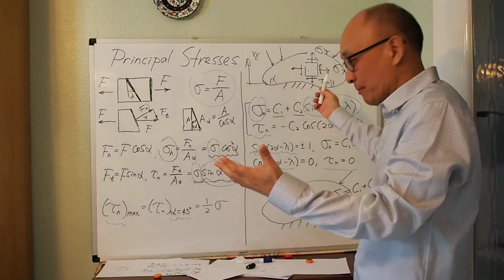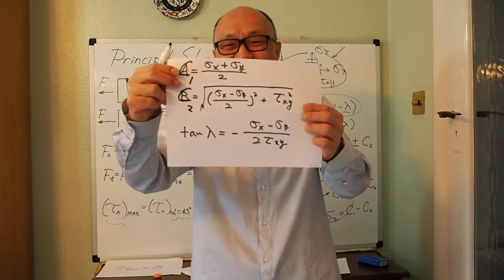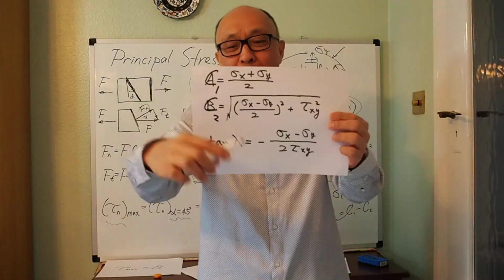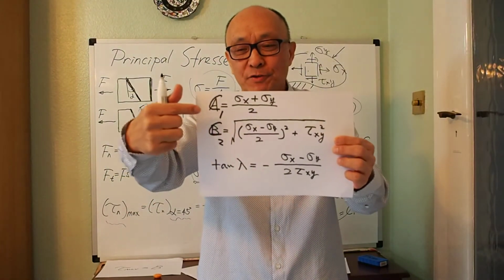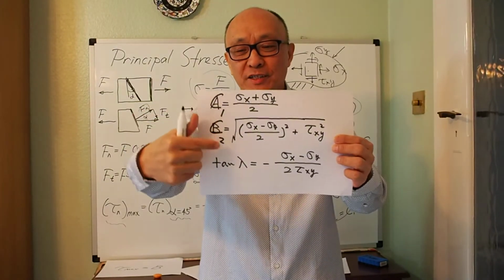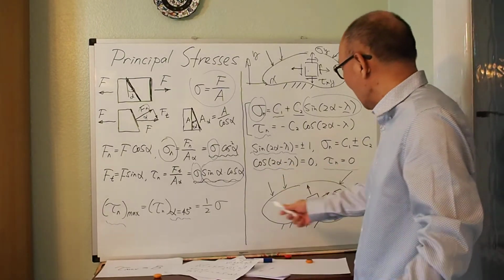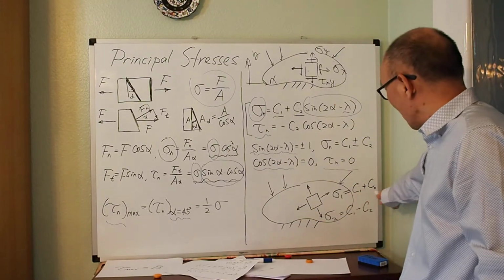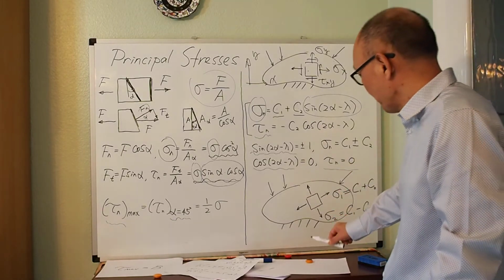And then you plug them into those equations, and you get your C1 and C2, and lambda. Lambda is not relevant here, unless you want to find out the directions of those principal directions. But let's focus on C1 and C2. So you know them, and then you can just calculate this maximum stress, C1 plus C2, C1 minus C2, and the shear stress is 0.